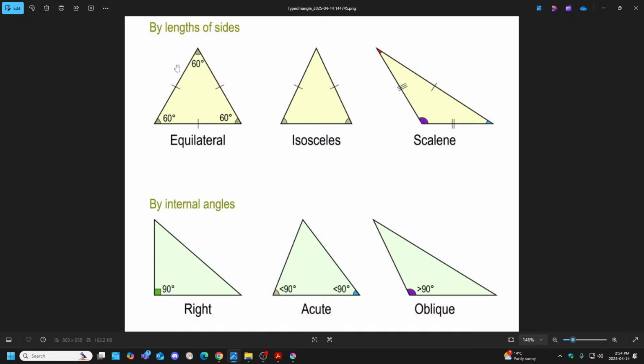Okay, so for an example, this equilateral, 60 plus 60 plus 60. Based on what I just said, all you really need is one value, to be honest.